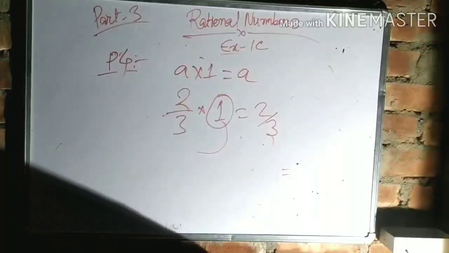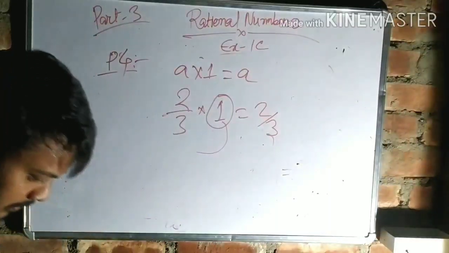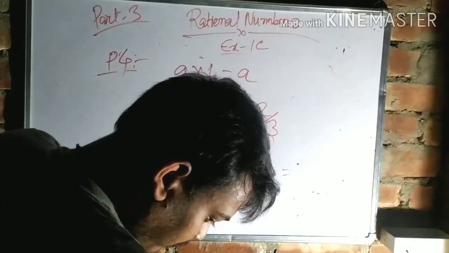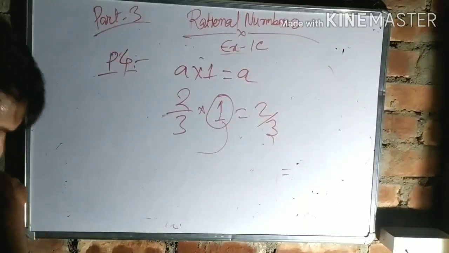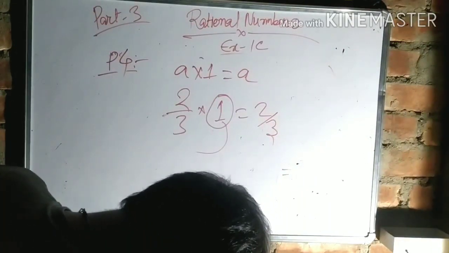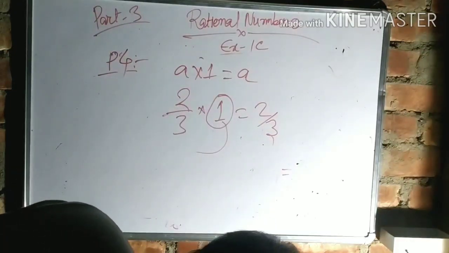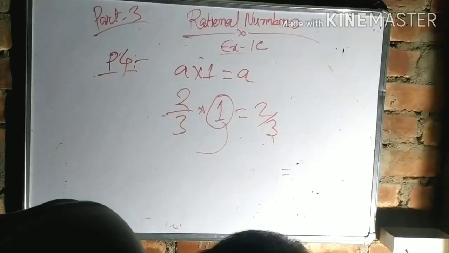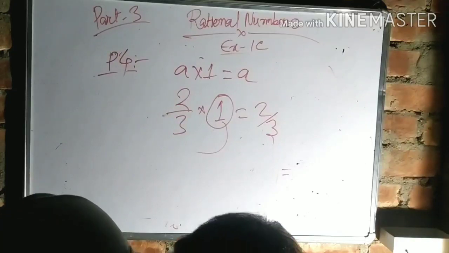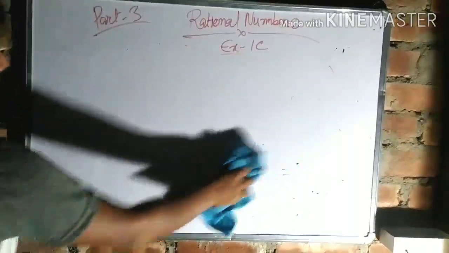Next, the inverse is not there. The next property is multiplication by 0.